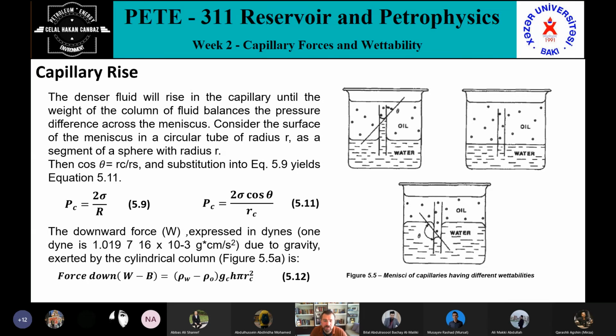So the force in the down direction will be W minus B. What can B be in here?